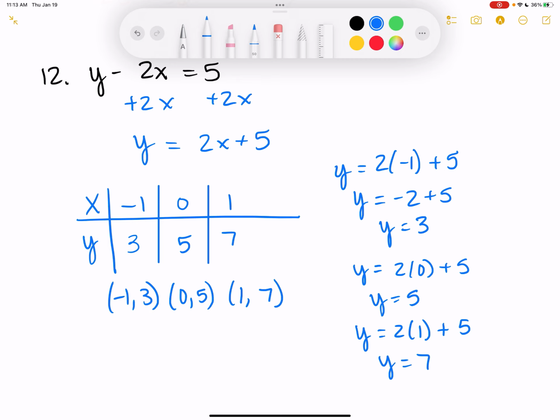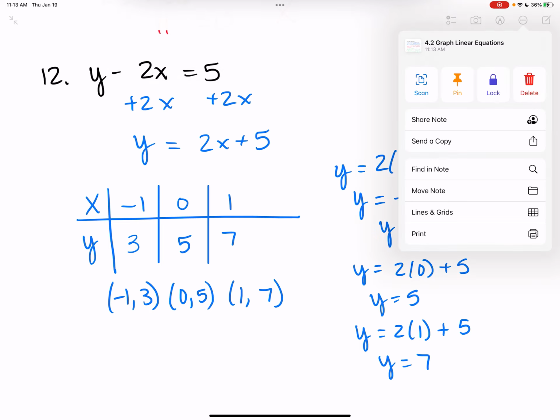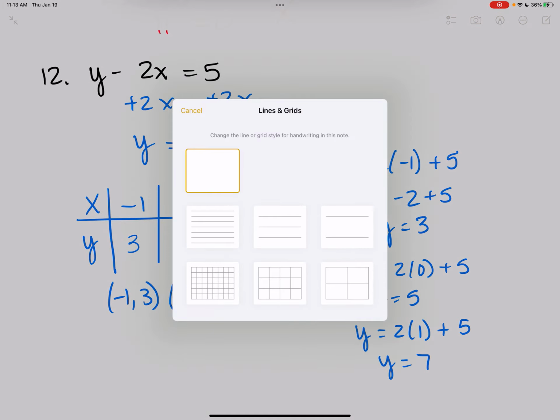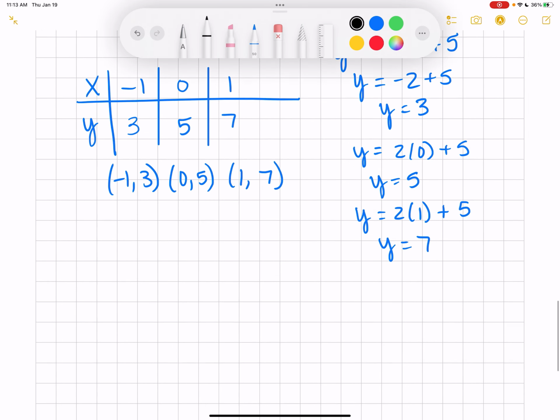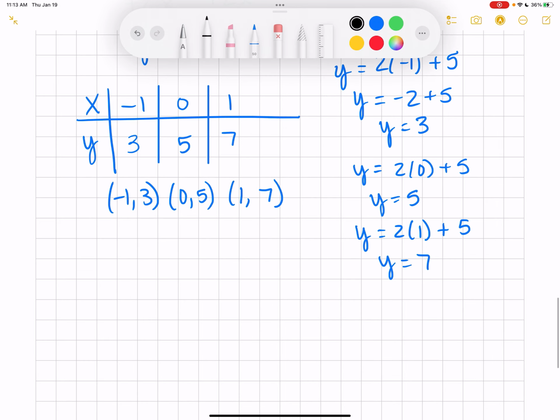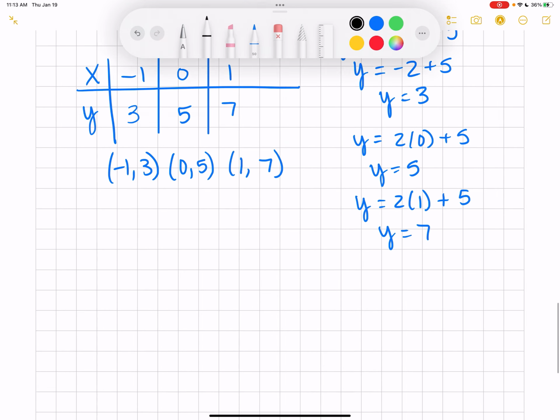And then I'm going to see if I can switch this over to my little graph paper. So I'm going to set up a graph so that I can graph these points on it.